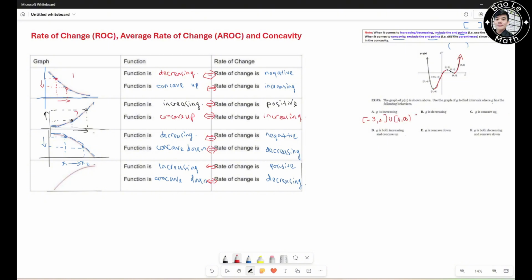Alright, now the next one. The function g is decreasing. So decreasing, which is this one right here, and this one right here.